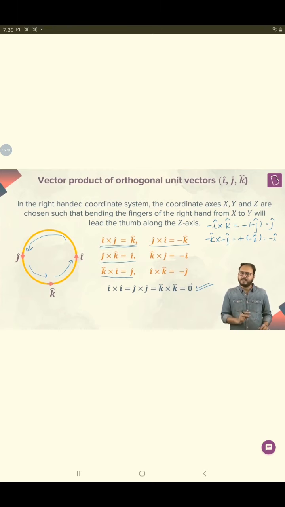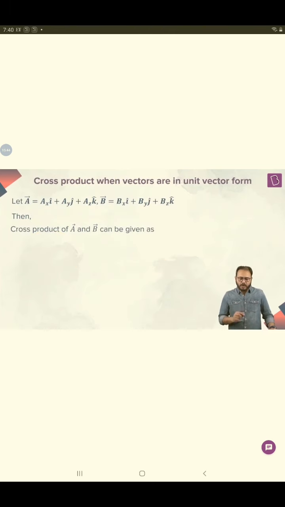i, j, k, i, j, k. We will use this in order to define the cross product in component form or unit vector form. A is Ax i plus Ay j plus Az k. B is Bx i plus By j plus Bz k. What is A dot B? The peaceful formula: AxBx plus AyBy plus AzBz. What is A cross B now?